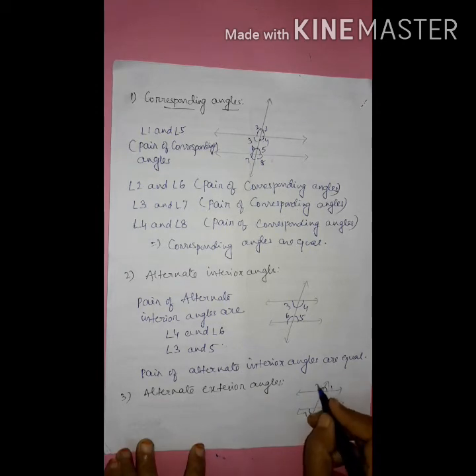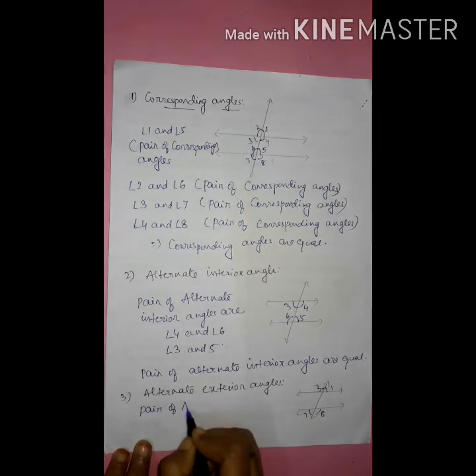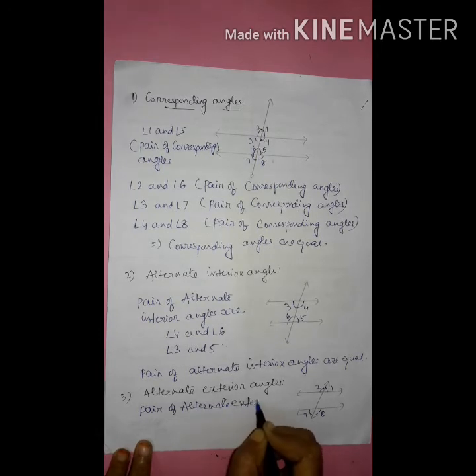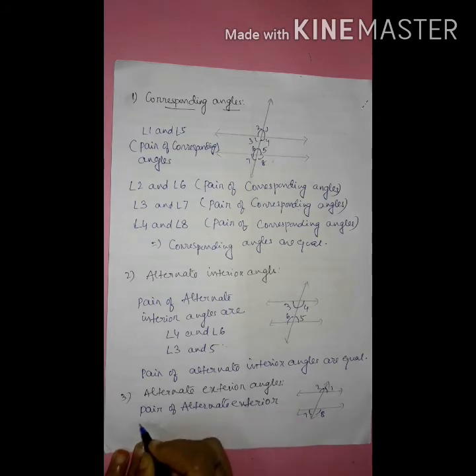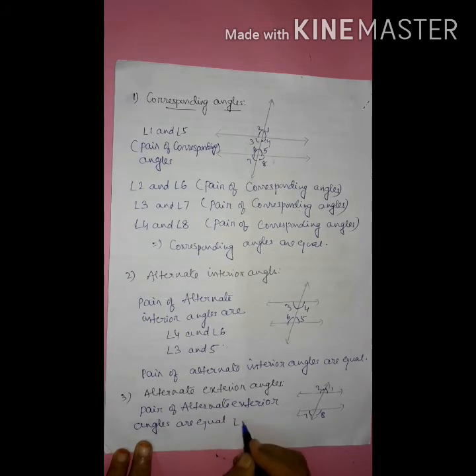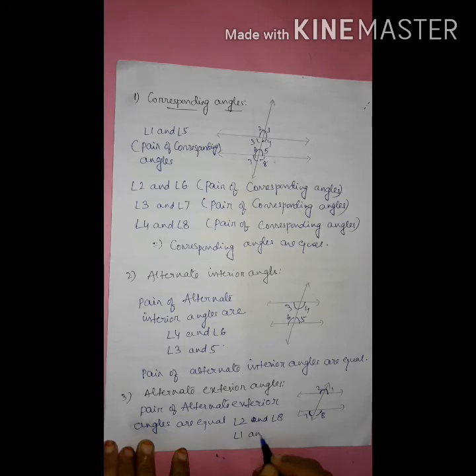Alternate exterior angles should belong to the exterior only, not interior. A pair of alternate exterior angles are equal. That is angle 2 and angle 8, and angle 1 and angle 7.